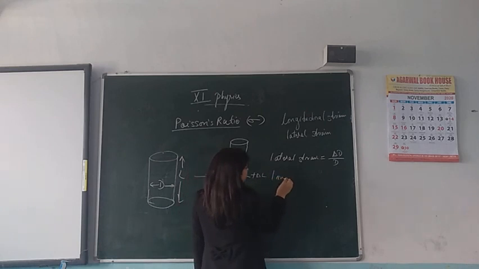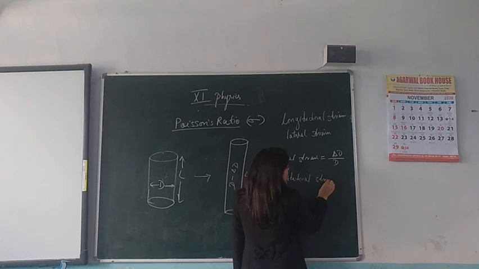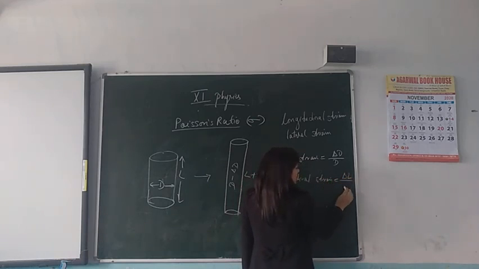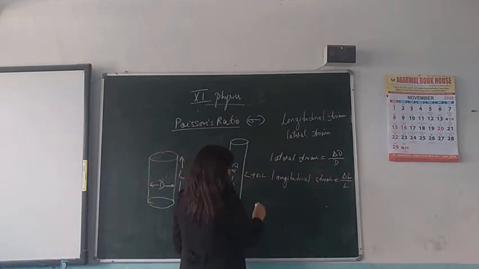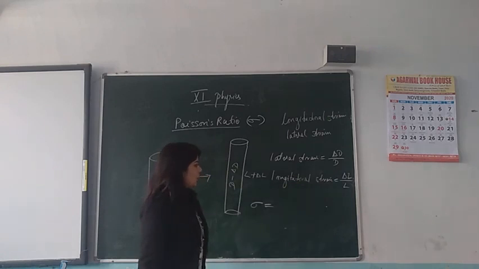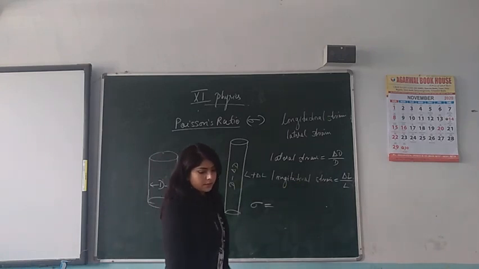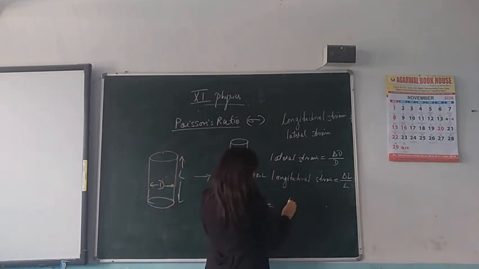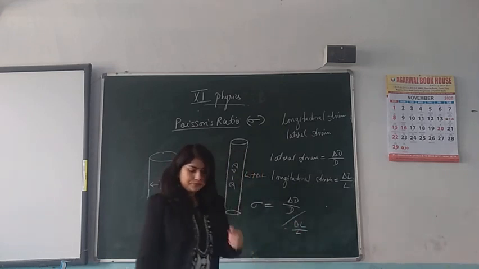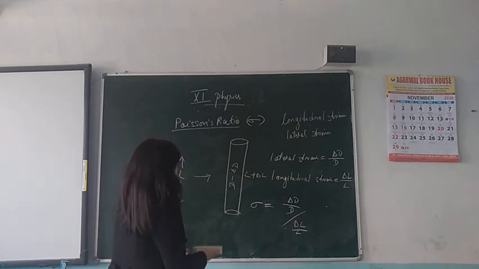Second is longitudinal strain, that is change in the length by actual length. So now the ratio of this is the Poisson's ratio. It is lateral strain, del D divided by D, over longitudinal strain, del L divided by L. Now we can rearrange this.